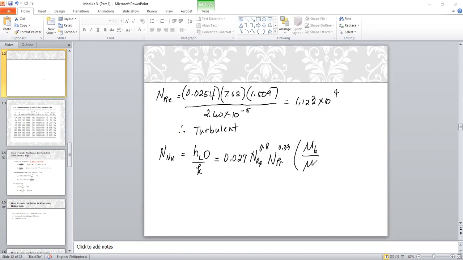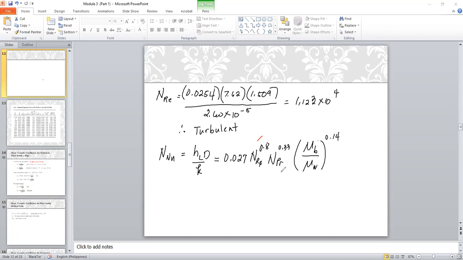viscosity, the bulk viscosity and the wall viscosity, raised to 0.14. So just like what we did with the Reynolds number, we need to check in here what we know and what we still need to find. We have determined already the Reynolds number.